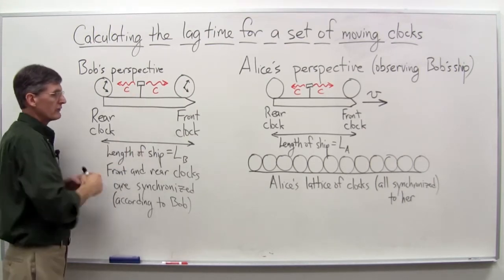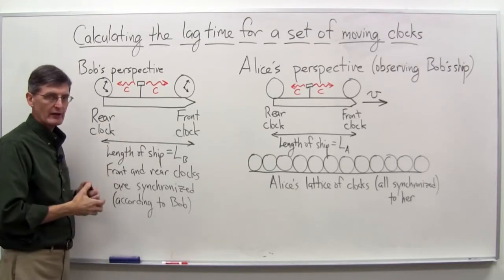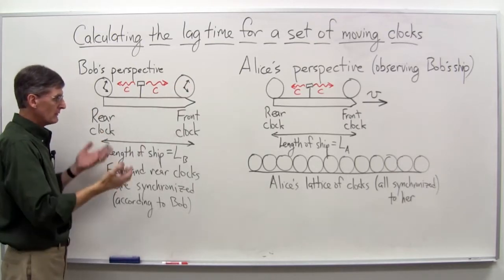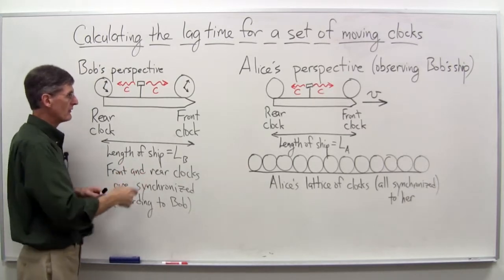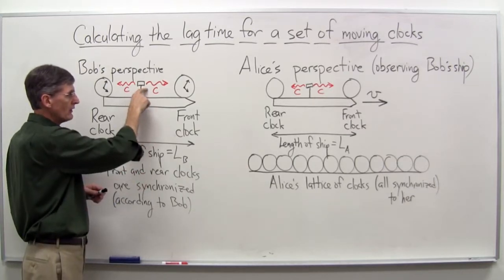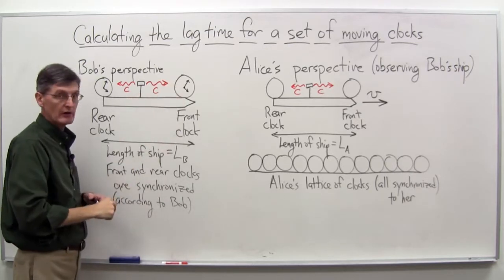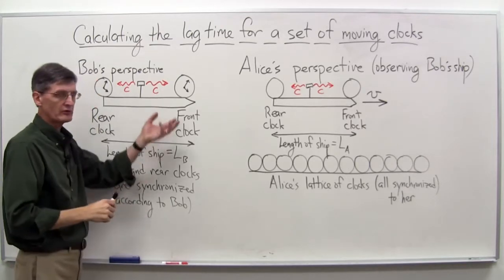This little device that shoots out light beams will shoot them out simultaneously, one going toward the front, one going toward the back, since, as far as Bob is concerned, nothing is going on. He's not moving or anything. He sees the frontward-going light beam traveling at c. It hits the front clock, and a flash photograph takes a picture of that clock.